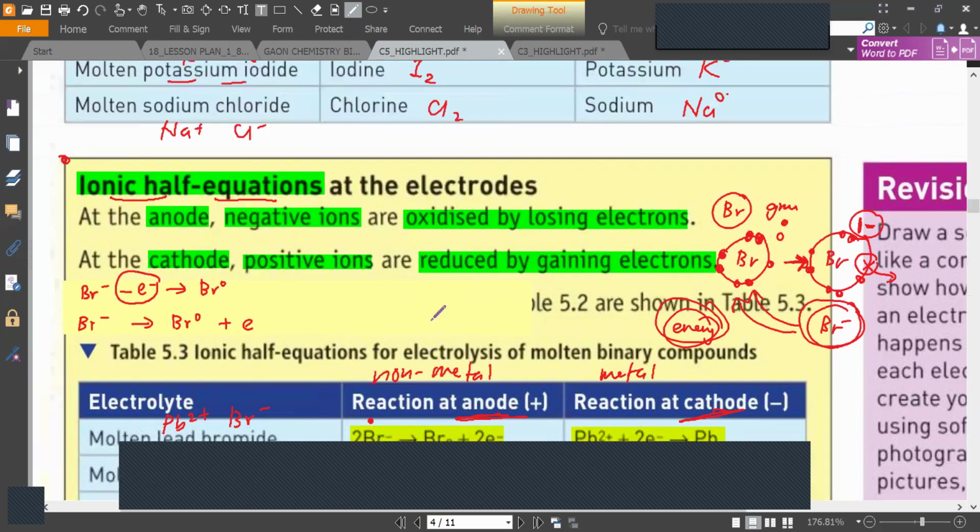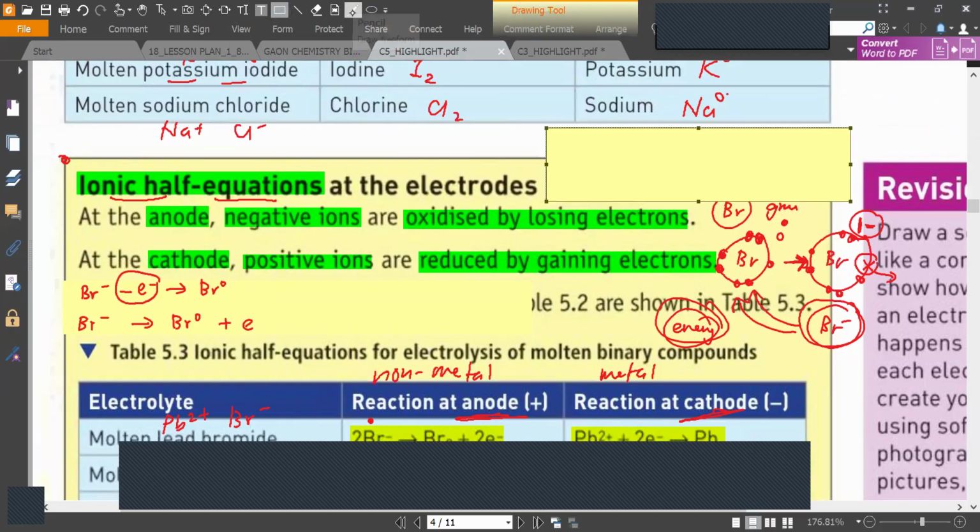Why? Because bromine has 7 outer electrons.